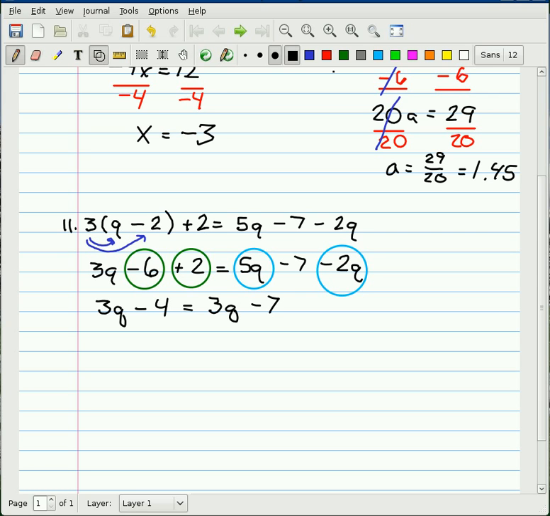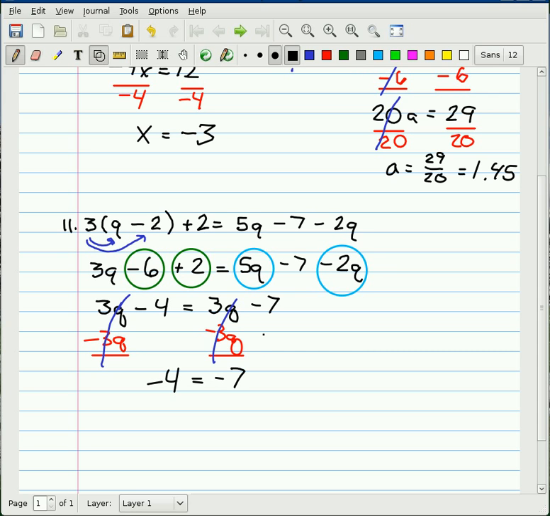When we have like terms, like variables on opposite sides of the equal sign, we have to use the inverse operation. So here I'm going to go minus 3q, and over here minus 3q. Well, since those 3q's cancel, I end up with negative 4 equals negative 7.